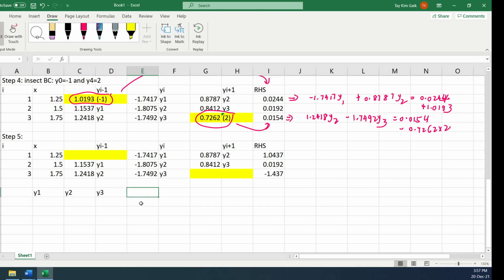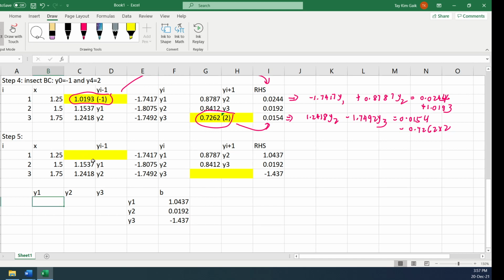Then this is your matrix. The vector y1, y2, y3. This is a vector b, which is equal to this value. This one equal to this value. Equal to this value here.